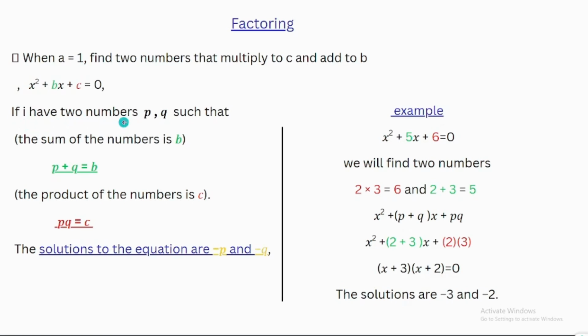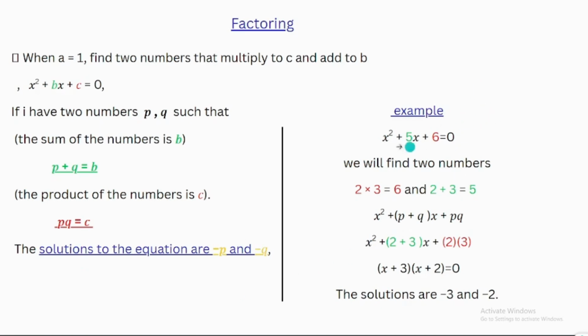If I have two numbers p and q, the sum of these two numbers is the coefficient of x, which is b, and the product of the two numbers is c, the constant term. Their product is c and their sum is b. So minus p and minus q are the solutions of the quadratic equation.